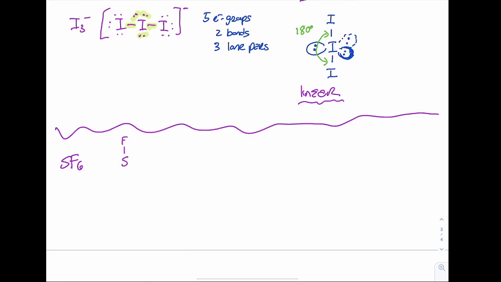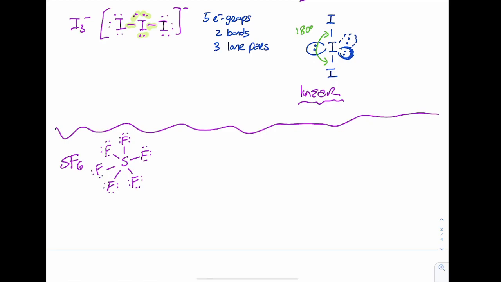And when I draw the Lewis structure, which hopefully you're also doing, I end up with 6 fluorine, which I didn't leave enough room for, attached to my sulfur. And when you go and put the lone pairs, each fluorine has 3 lone pairs, giving it an octet. Sulfur has 12 electrons around it, but that's okay, right?